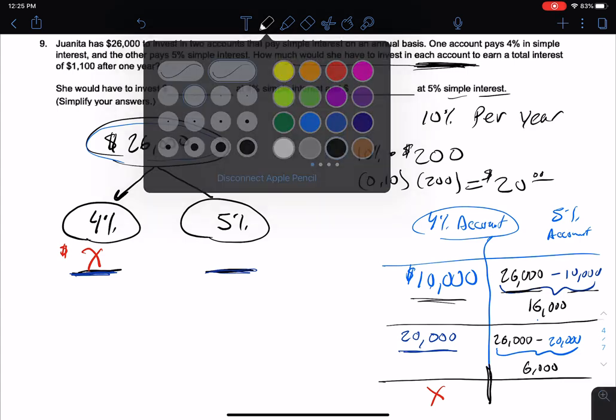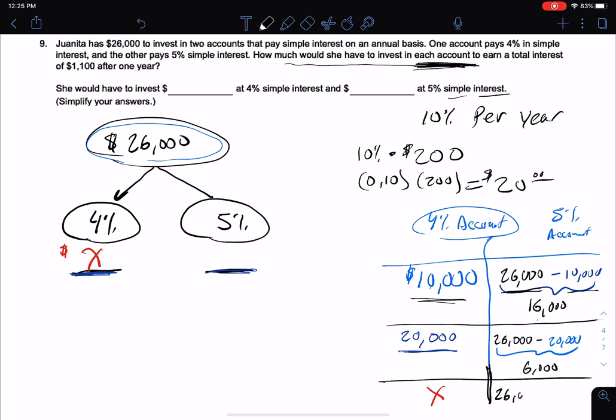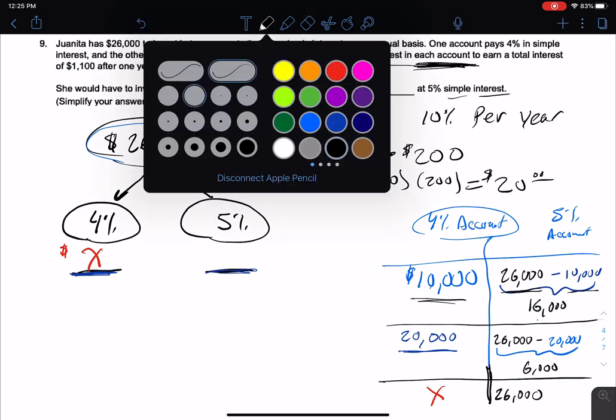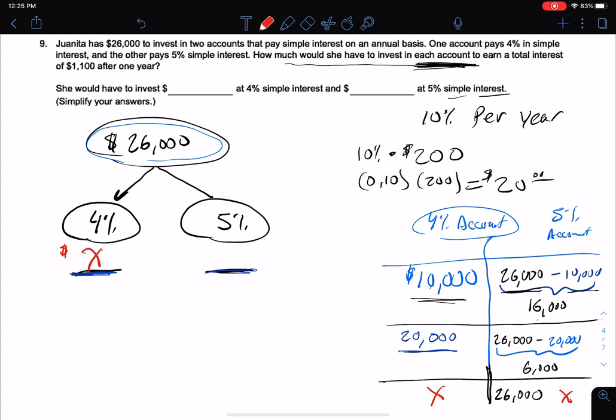Well, it's got to be the total, which was 26,000, minus what was put into the 4%. So we've got X dollars in the 4%, and if there's X dollars in the 4%, then there has to be 26,000 minus X dollars in the 5%. And that's because the sum of these two accounts must add up to 26,000.